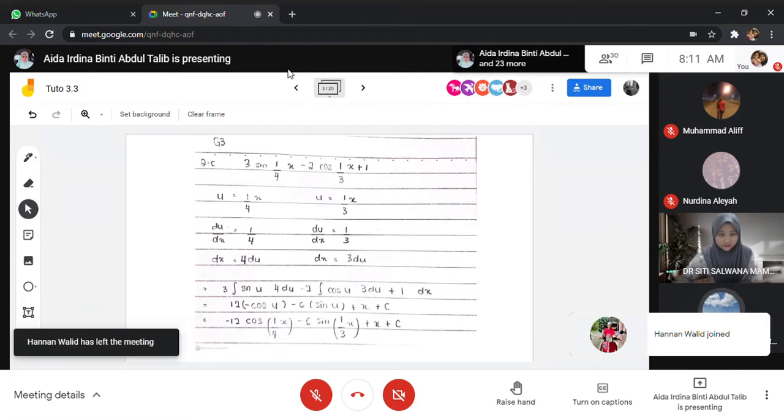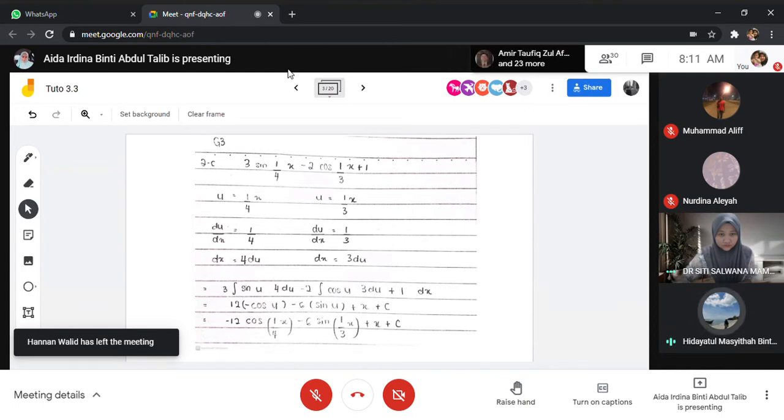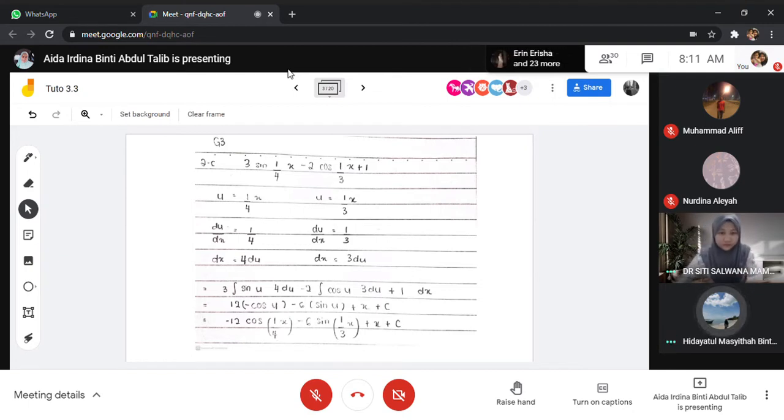That's 1 over 3x. So, sama juga kita differentiate. Kita dapat dx sama dengan 3 du. So, kita substitute plus 1 over dx. Lepas tu kita akan dapat, kita darab 4 dengan 3 kita dapat 12. Negatif sin u, kita integrate dapat negatif cos u. Tolak 6.